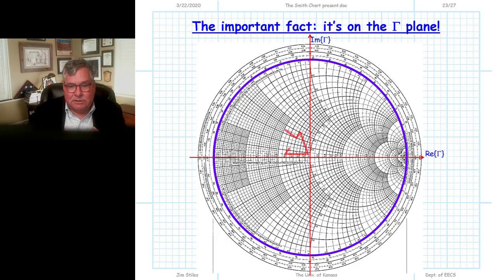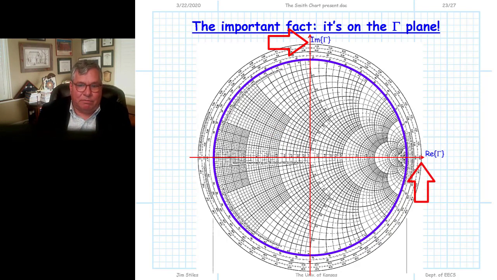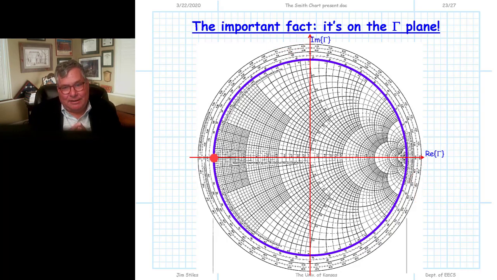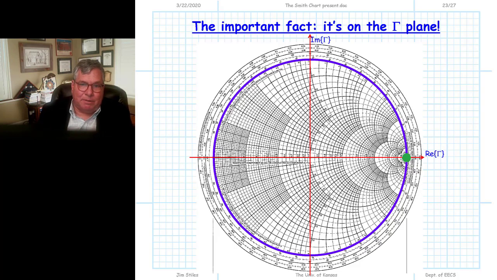There is an origin of the complex gamma plane, and it's right there in the center of that circle. We have an imaginary axis of gamma, we have a real axis of gamma. It's the exact same gamma plane that we had before. The locations of the short circuit and the open circuit are as they were before. It is the complex gamma plane.